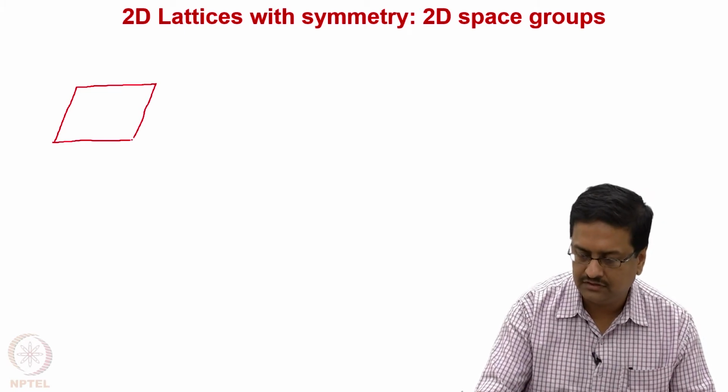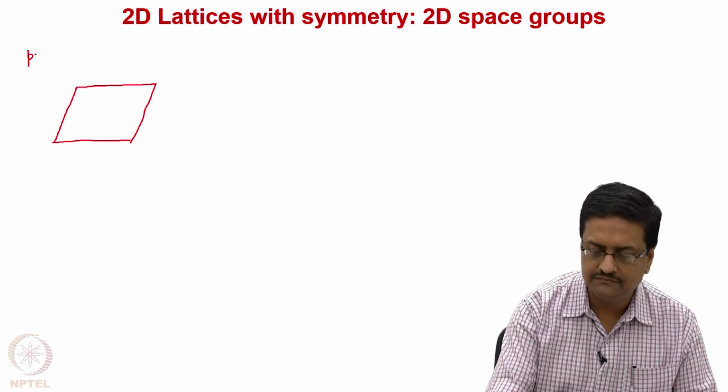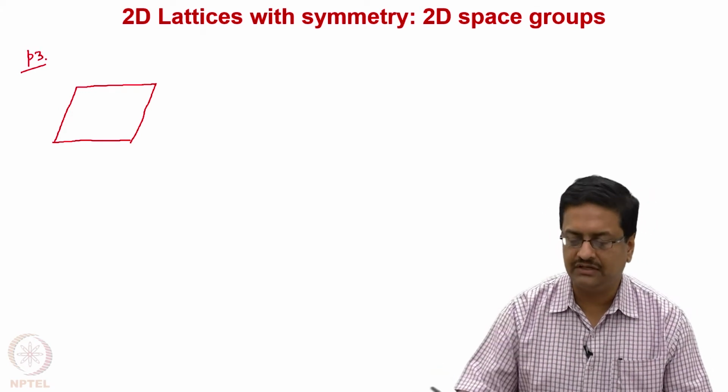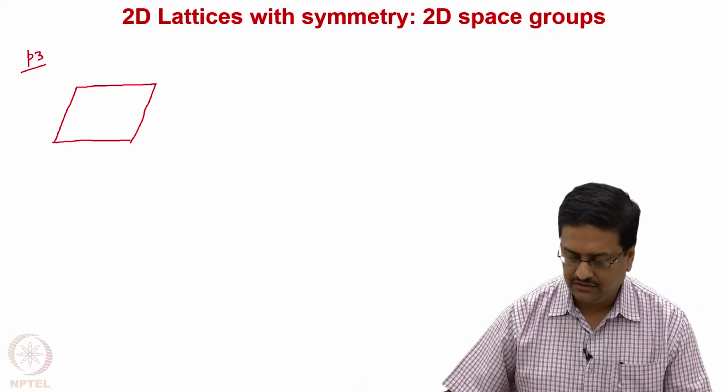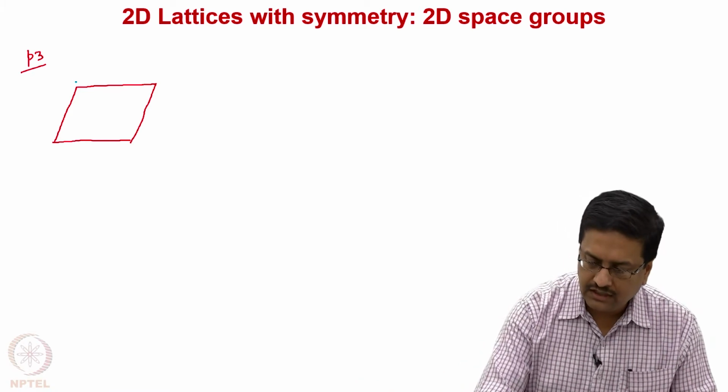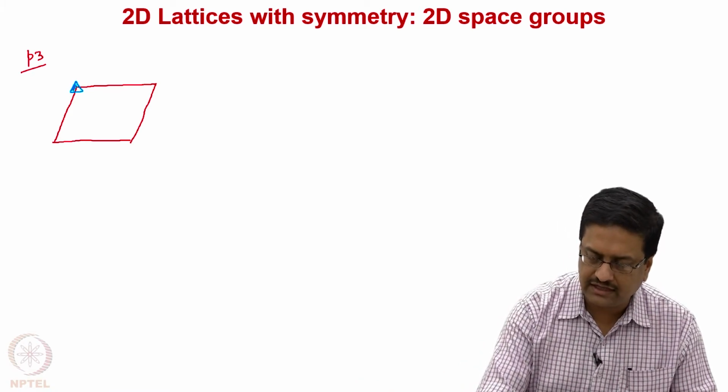So the next one is P3. Which means I have a threefold symmetry present at the corners. As you know, we draw threefold as a triangle.